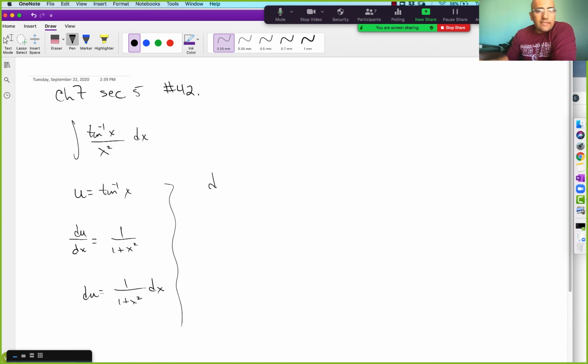And then we're going to let dv equal to 1 over x squared dx. And so the integral of dv is equal to the integral of x to the negative 2 dx. Right, so this is just going to become negative 1 over x.